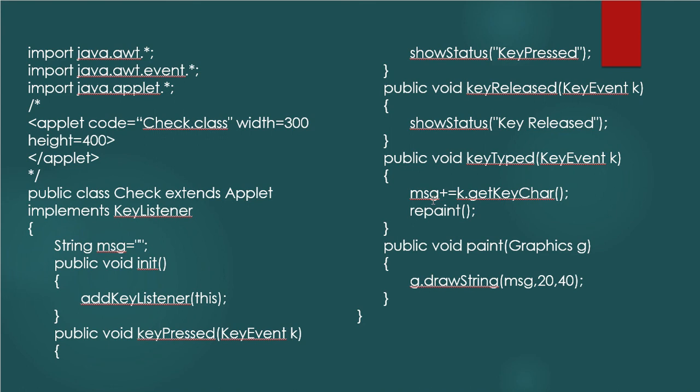This happens for the entire content of hello. What happens when the repaint method is called? The repaint method will call the paint method, and the paint method is drawing the string message. So whenever there is a change in the content of message, it will be done using repaint, just like you are typing inside a text box.